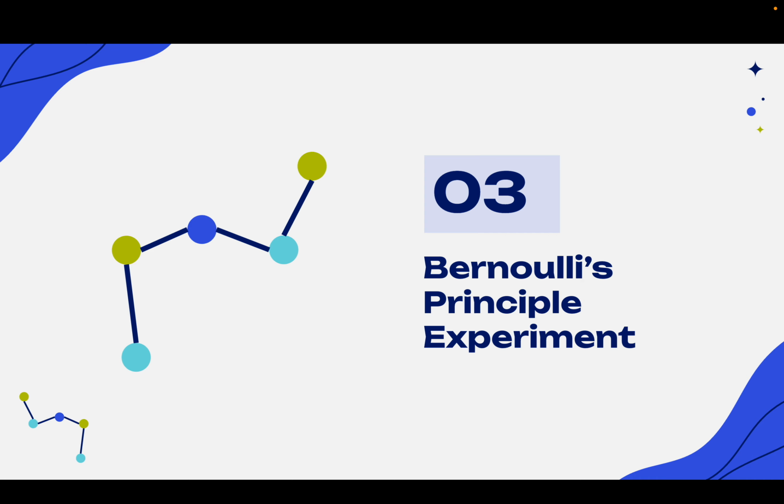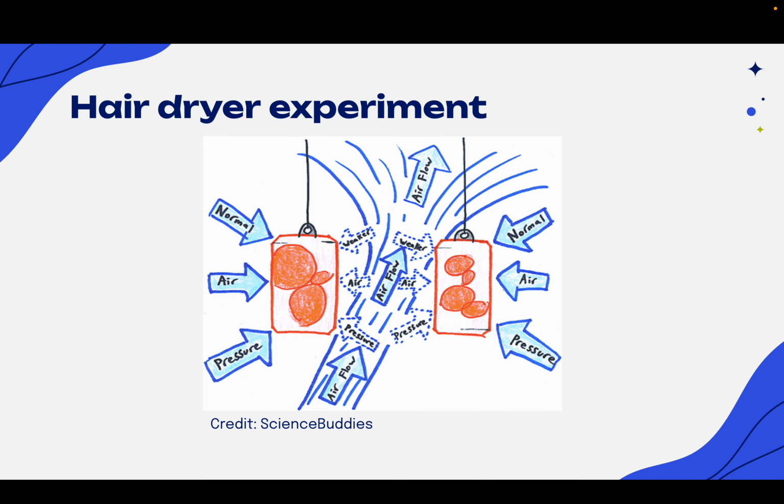Next, we will talk about what experiment we will do to examine Bernoulli's principle. Basically, we're going to use a hairdryer and 2 cans. We will blow wind in between those cans, and then the airflow between the cans will become faster, which will cause the pressure of the air between the cans to decrease, and this decreased pressure will be different from the pressure coming from the outside.